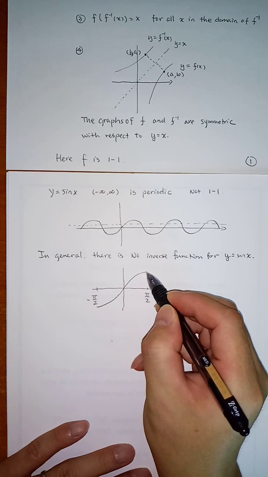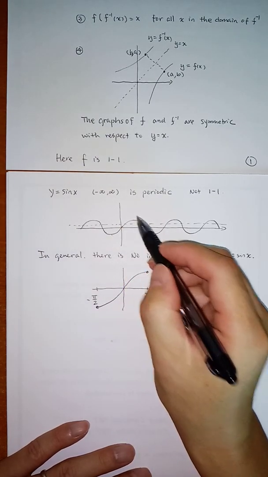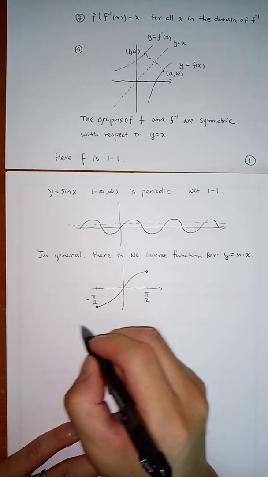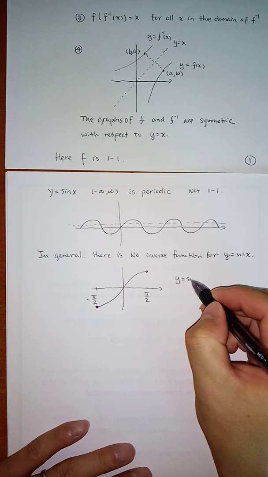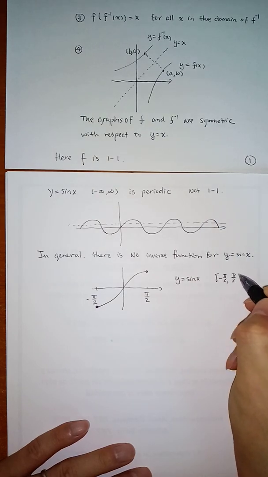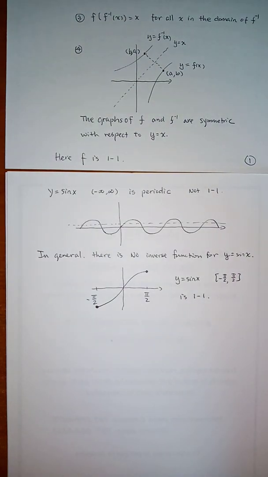We observe that from here to here, from negative pi over 2 to positive pi over 2, in this domain, the sine function is one-to-one.